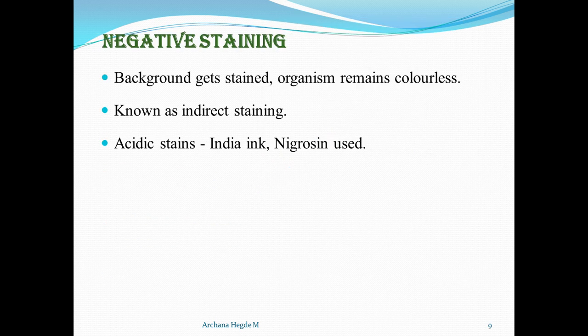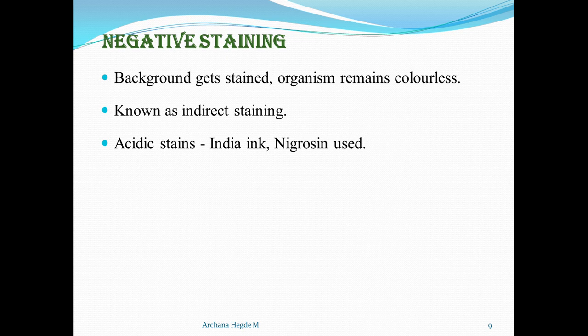Coming to negative staining. Negative staining is a very simple and nicely imaged microscopic staining technique where the background gets stained and the organism remains colorless. Whatever stain we add is negatively charged, and the microorganisms are also negatively charged, so they repel each other.